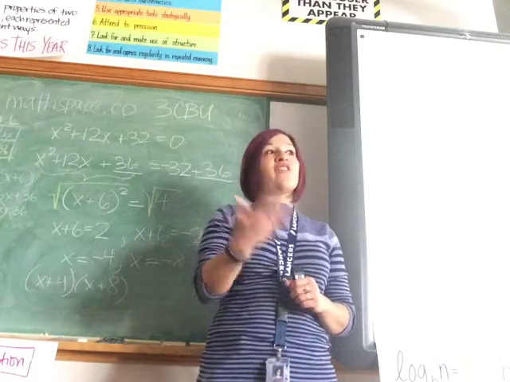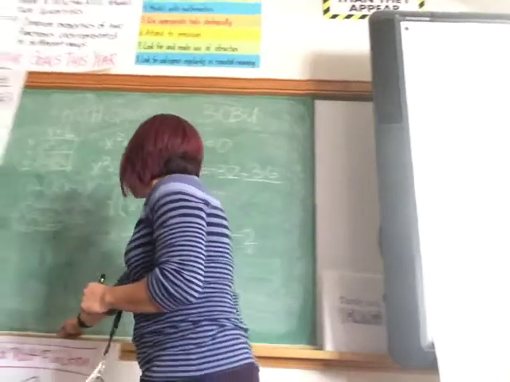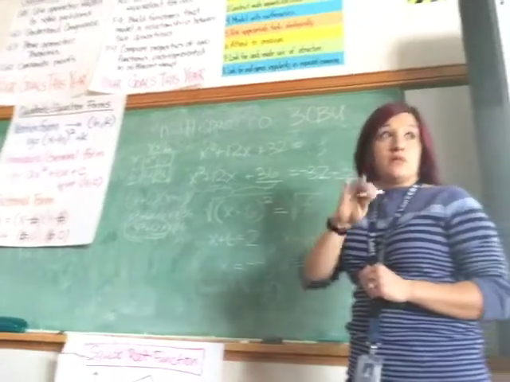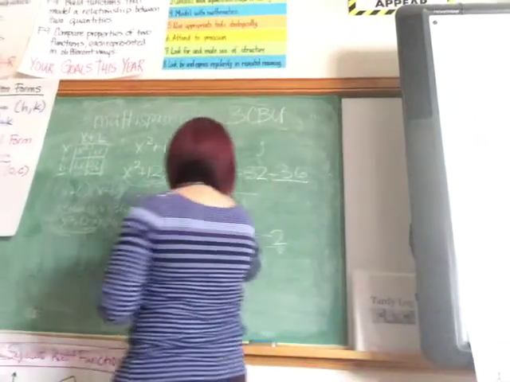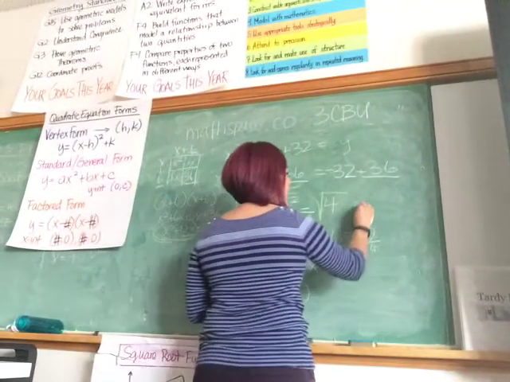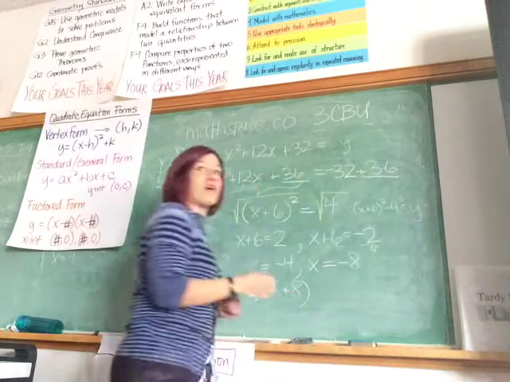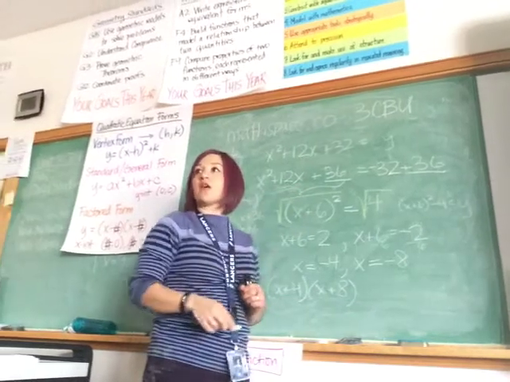The other advantage of this is, let's say instead this was y. Well, we got this is equal to 4, right? So I could say x plus 6 squared minus 4 is equal to y, correct? Now I have vertex form.